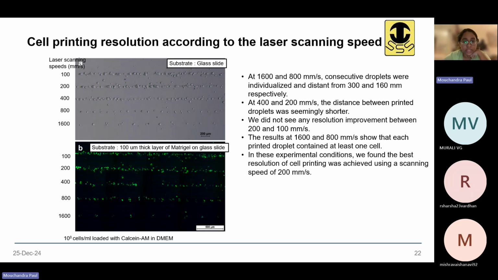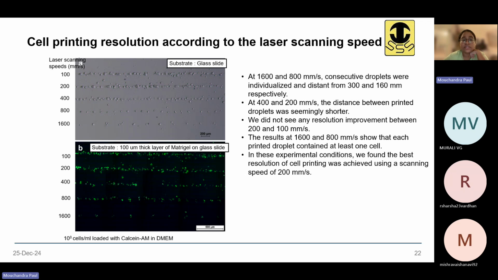They have printed cells at a density of 10 raised to the power 8, loaded with calcein AM, and there is no alginate or glycerol here. The cells are only mixed with media. Calcein AM will help in visualizing the live cells.